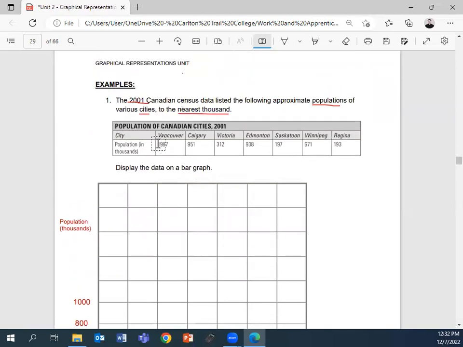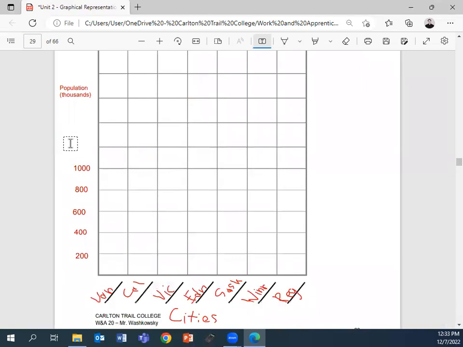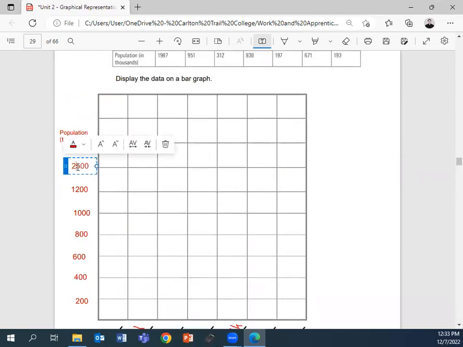So in this case, it's 1,987,000 there. So all I'm doing is each line it goes up, I'm just adding 200,000 people. Ooh, I didn't, right, 1,400.